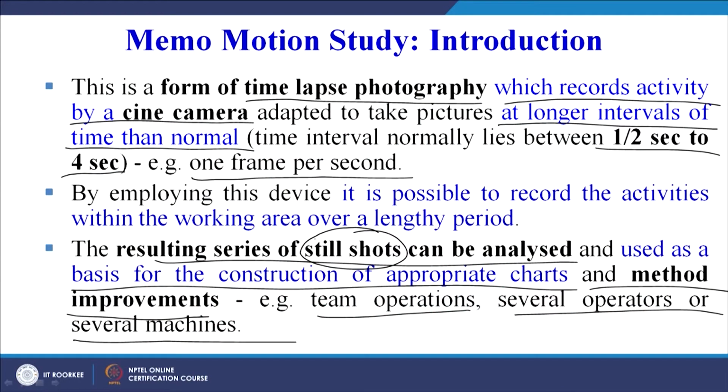So basically what we are doing in memo motion study, we are trying to record the work being done, but it is not a continuous filming of the operation, it is time lapse photography, and we will get our still shots. These can be analyzed at a later stage to see what method improvements can be made, where we are not following the established protocols and principles.